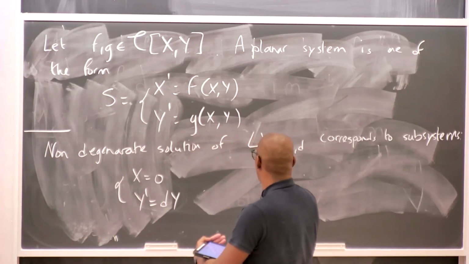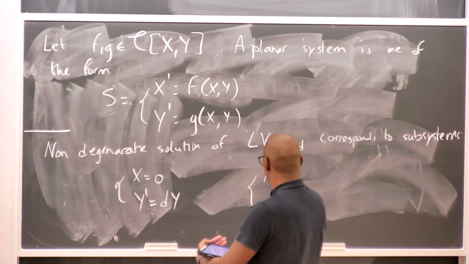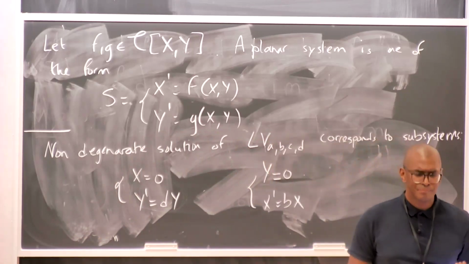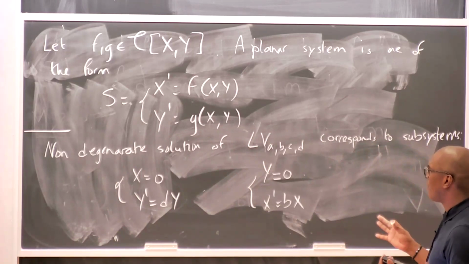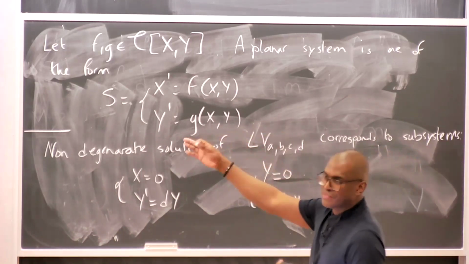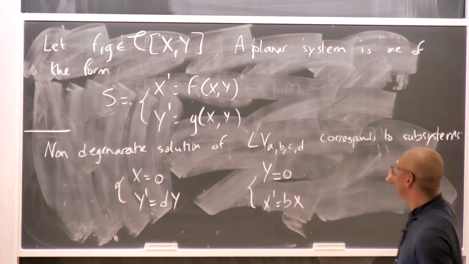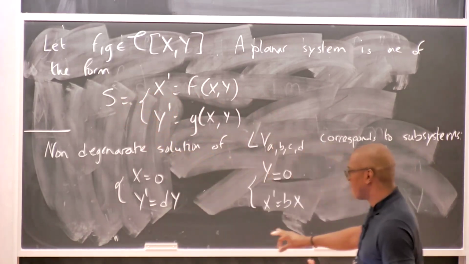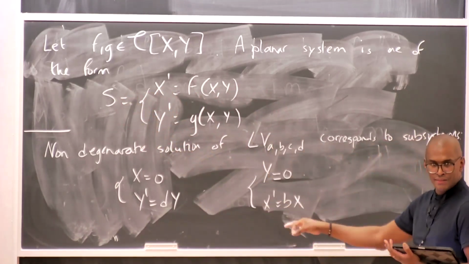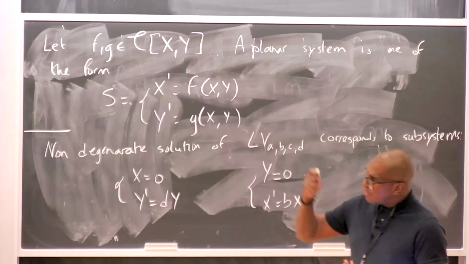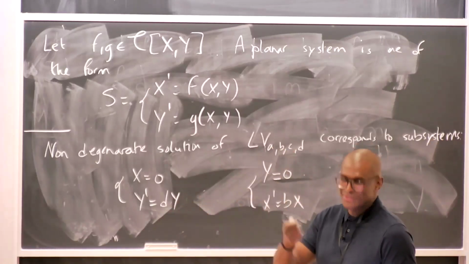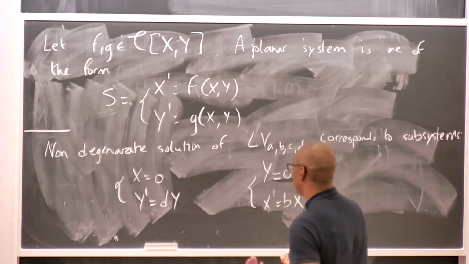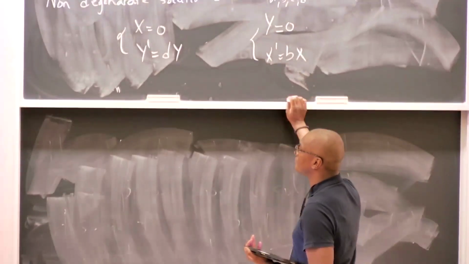And y equals 0 corresponds to the system y equals 0 and x prime is bx. So these non-degenerate solutions correspond to the fact that the Lotka-Volterra system I start with has no such subsystem sitting there. And strong minimality will be a very strong way to say that there are no such subsystems. All right, so let me try to make this clear.